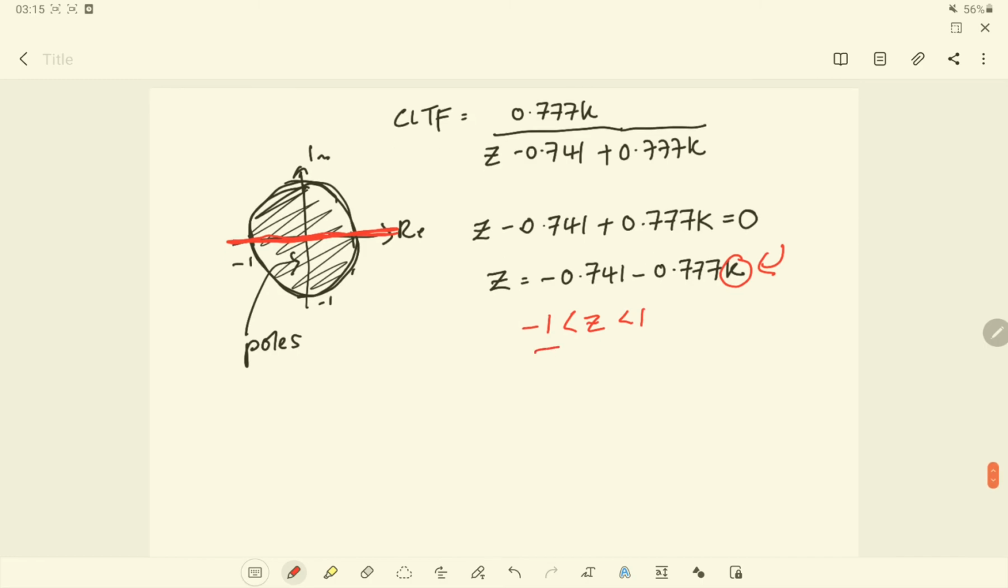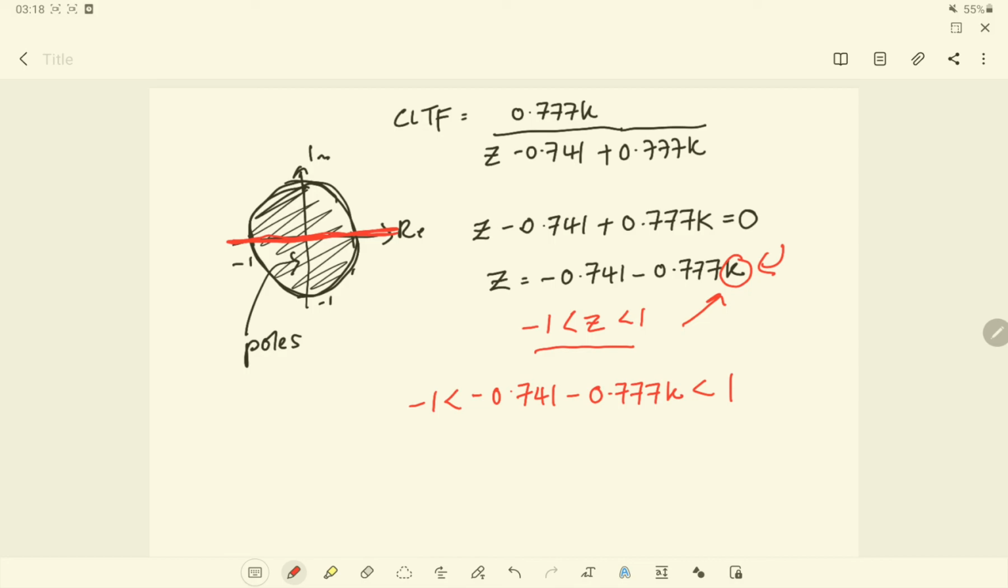So we use this equation to find the value of K. So Z is greater than -1, Z is negative 0.741 minus 0.777K, and Z must be less than 1.